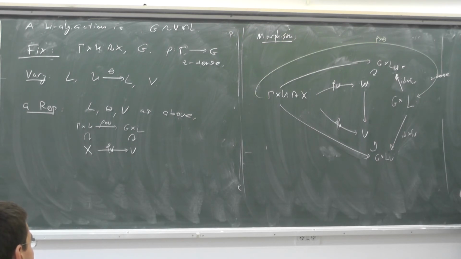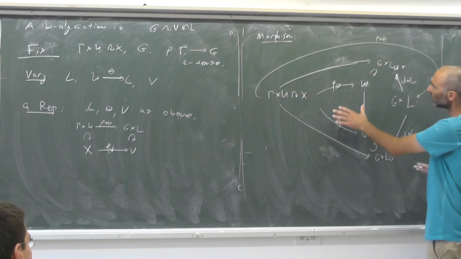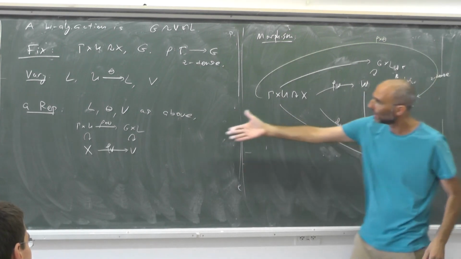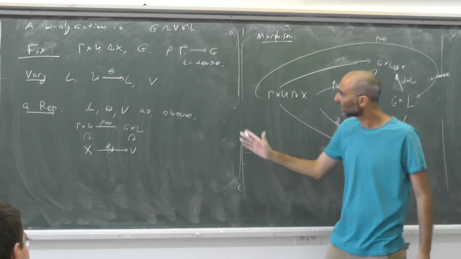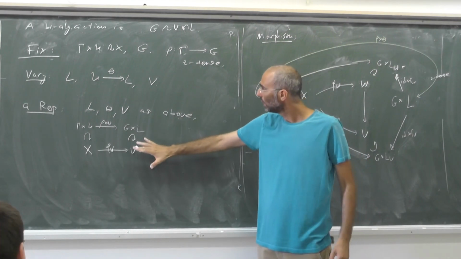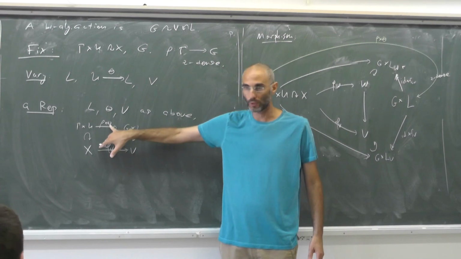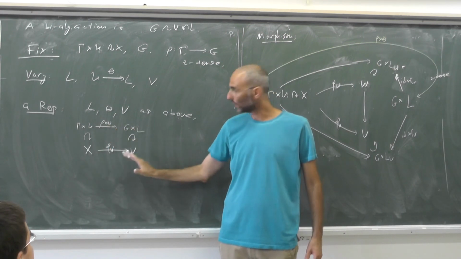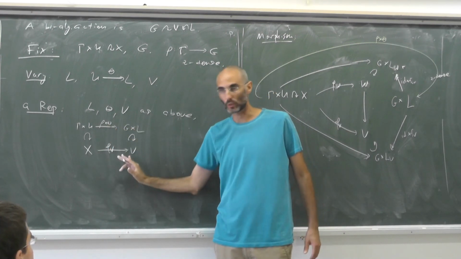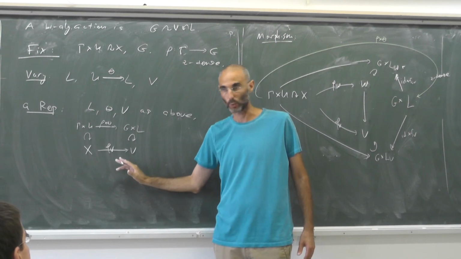So a representation is very similar to what we had before. We add the choice of L and the homomorphism to L, and ask the actual representation between the spaces to be equivariant with respect to it as well.